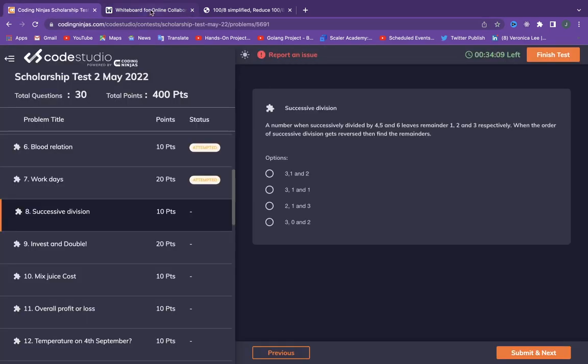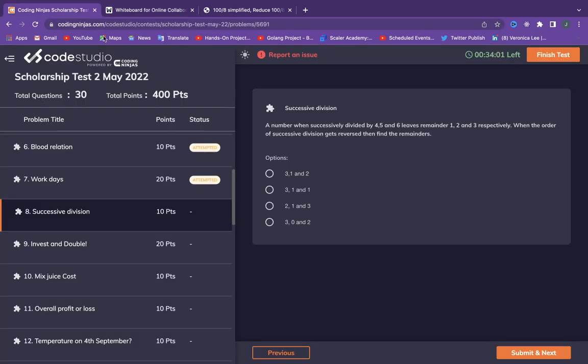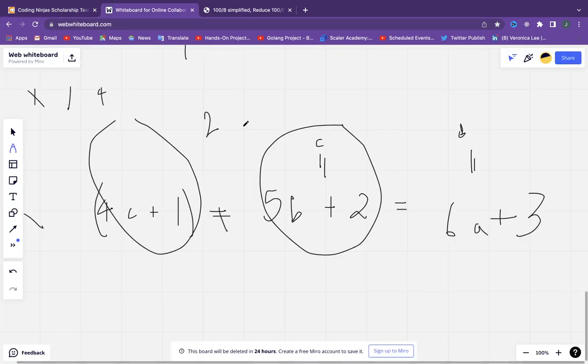And now we have to find that if we divide 4C plus 1 by 6 first, what will be the remainder? Then 5, and then 4. So divide by 6, and whatever we get divided.